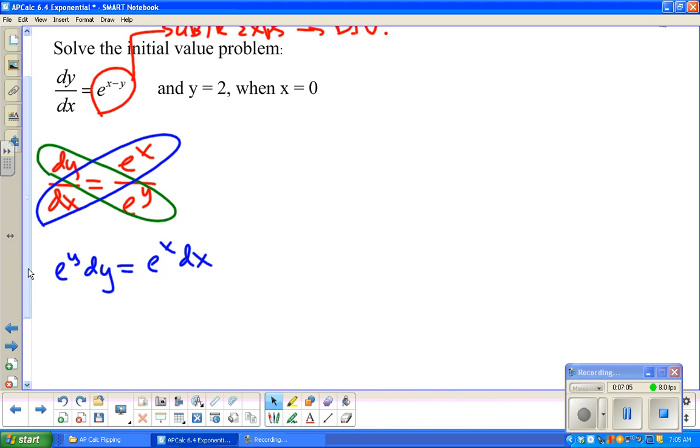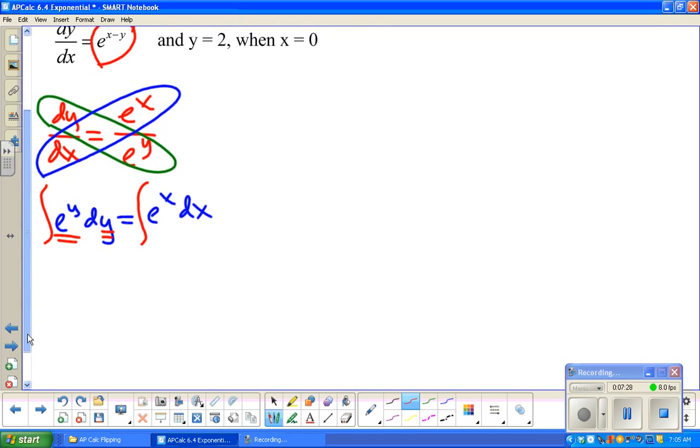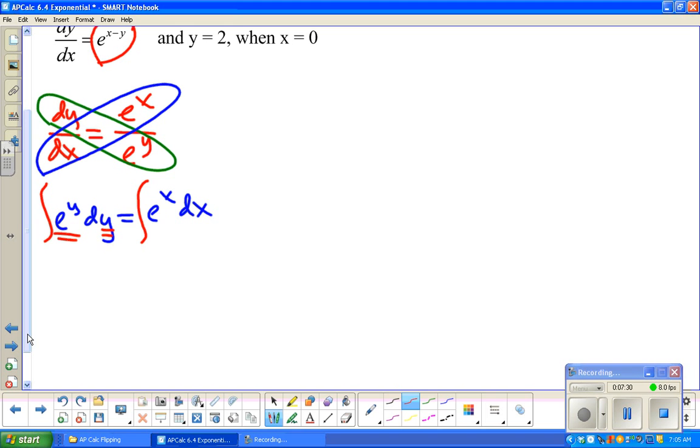You have to separate the variables first. If you don't separate the variables, it's going to get all jacked up, and you can't separate them later, because what I'm going to be doing right now is antiderivative to get rid of all the d stuff, dy, dx. And when I do antiderivative, I have to do it with respect to the variable in that little d. So this thing has to be about y, or I'm going to be throwing a y in there that doesn't need to be there.